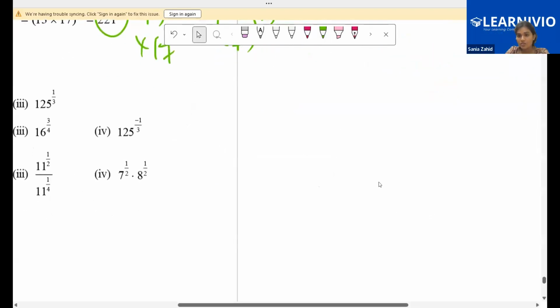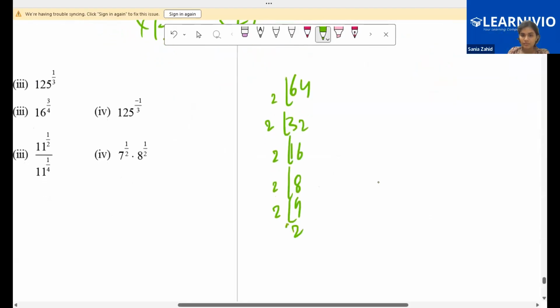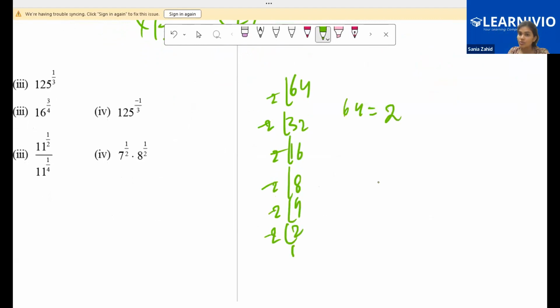When I do the prime factorization of 64, what do I get? Can I write 64 as how many twos? 1, 2, 3, 4, 5, 6. Can I write 64 is equal to 2 to the power 6?